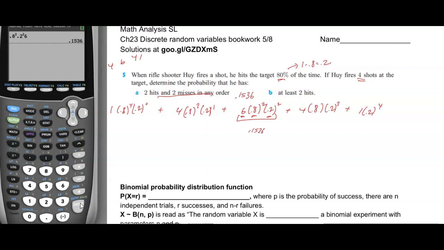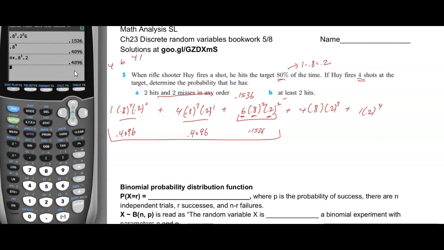At least 2 hits would be these 3 terms, right? So the first term is 0.8 to the 4th, which is 0.4096. And then 3 hits would be 4 times 0.8 cubed times 0.2 to the first, which is 0.4096 also.